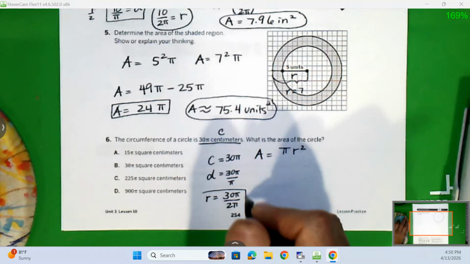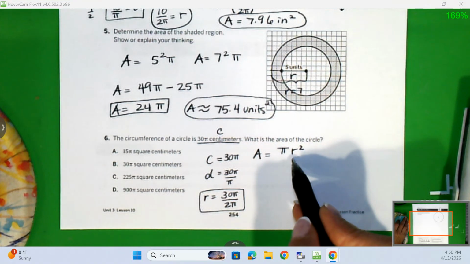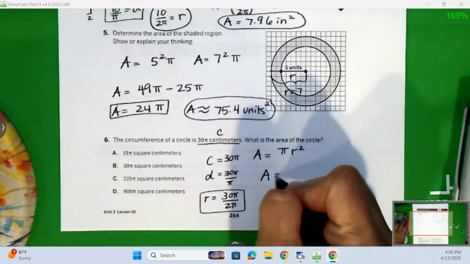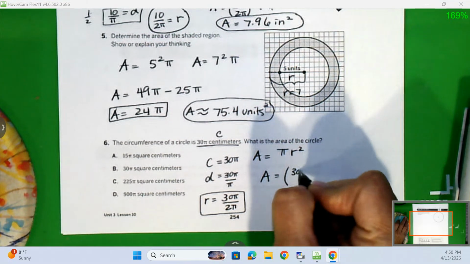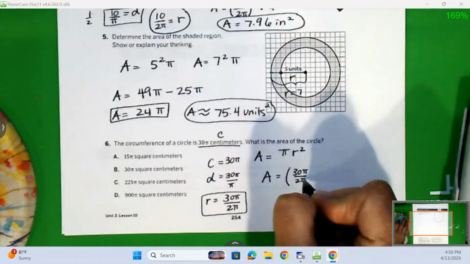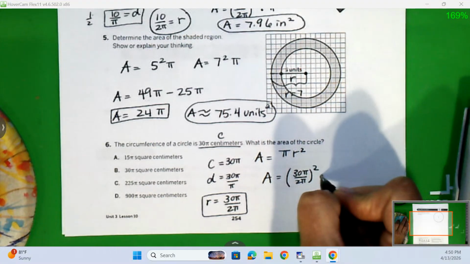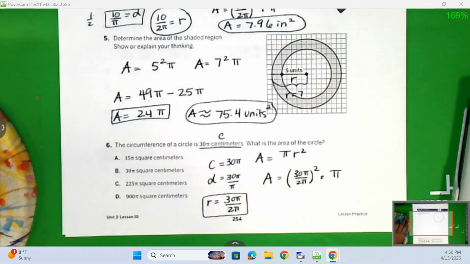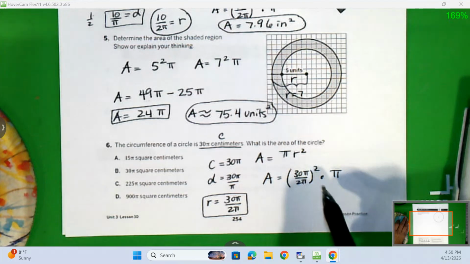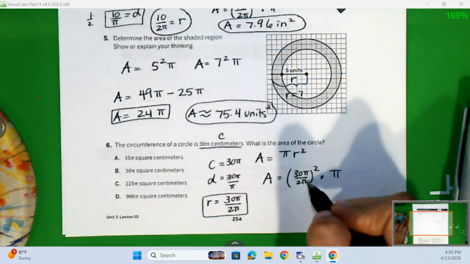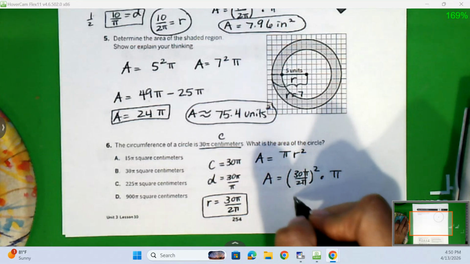So this is our radius, and we're going to plug it right into our formula, and we'll put that pi at the end. So we're going to do radius squared. So we're going to have 30 pi divided by 2 pi, all squared, times pi. If I do 30 pi divided by 2 pi, pi divided by pi is 1, and 30 divided by 2 is 15.